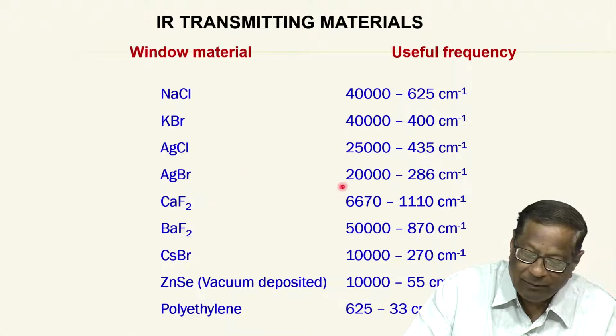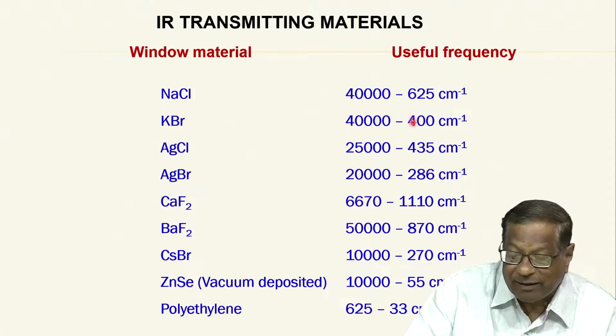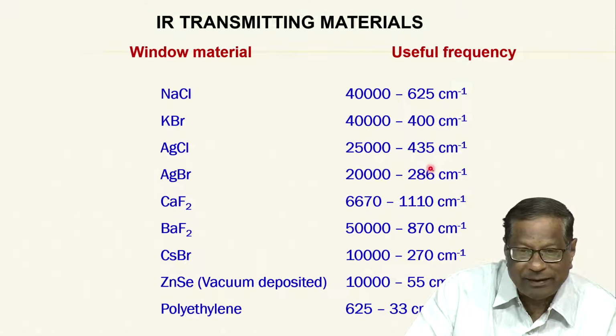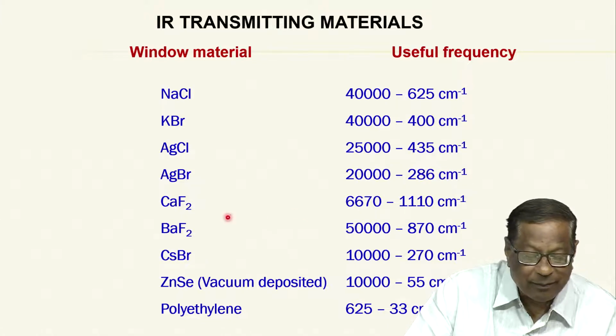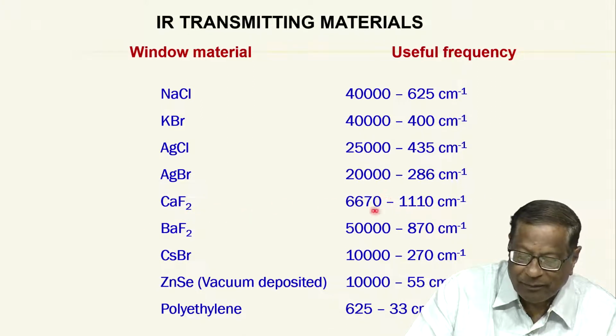Silver bromide is essentially the same thing, but it extends the lower range up to 286 centimeters inverse. Below that they become non-transparent, they absorb the radiation. Other materials are calcium fluoride, not very good, but I do have calcium fluoride, which works from 6000 to 1110 centimeters inverse.